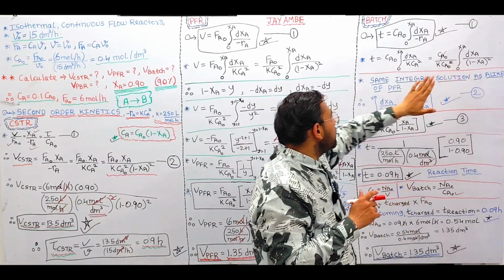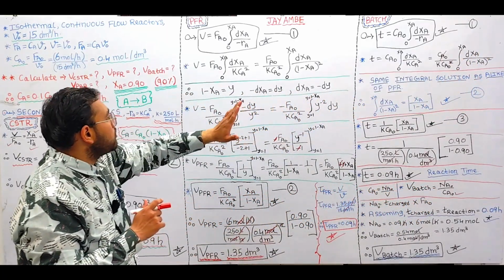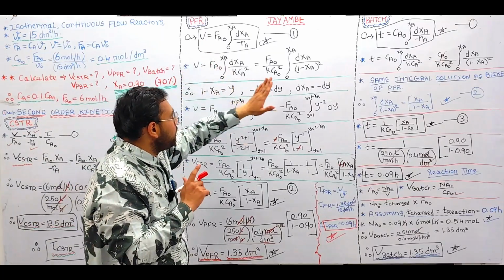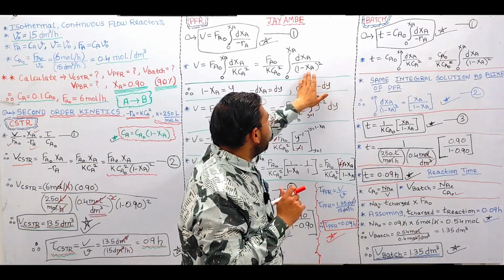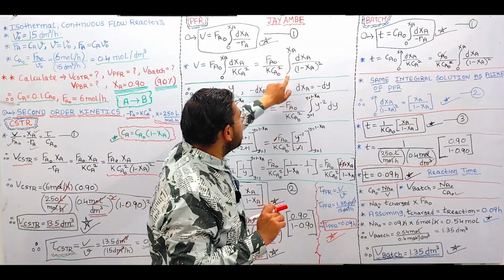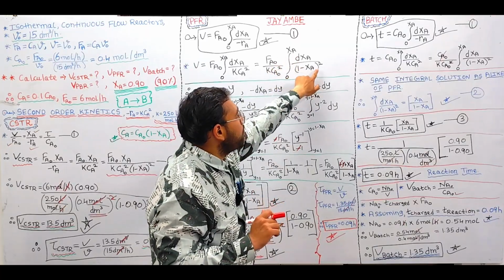You can see some similarity in the case of batch reactor as well as in the case of plug flow reactor. We have the same integral form, the integration of 0 to Xa dXa upon 1 minus Xa whole square.